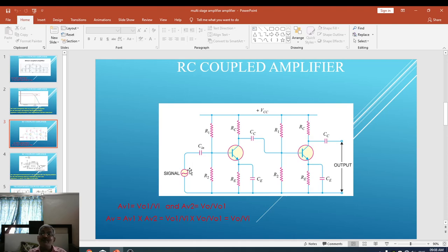This input signal is coupled to the base of transistor Q1 with the help of a coupling capacitor, say Ci or Cin, which couples the input signal to the base of the transistor.